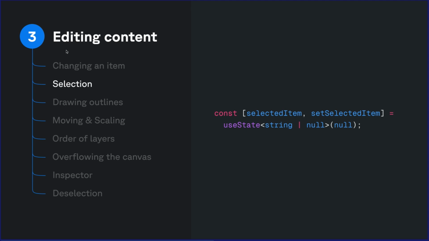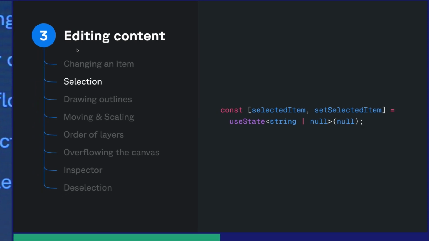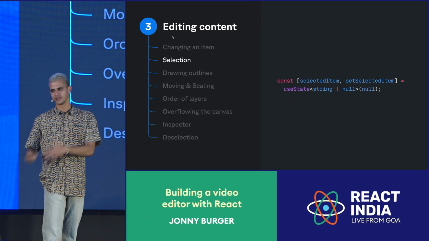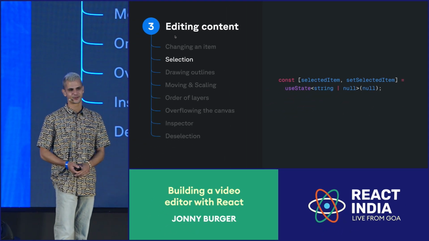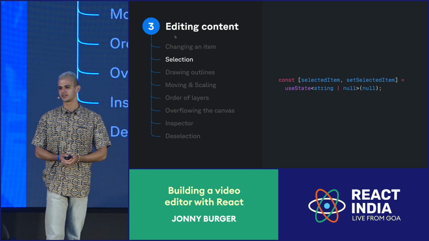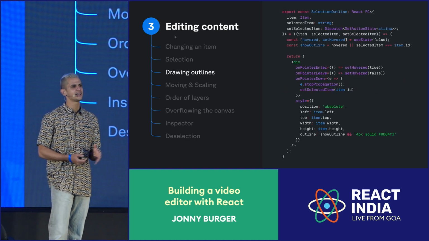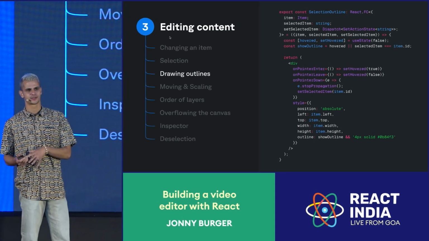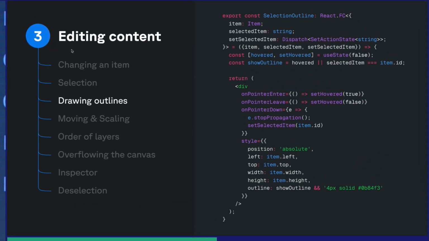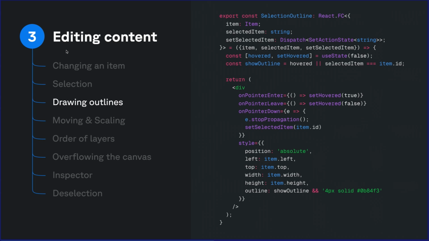In a video editor, items can also be selected, for example, by clicking on the item itself or by clicking on the layer in the timeline. And for this, we just use a regular useState. Items can have outlines drawn around them, either if they are hovered or selected.